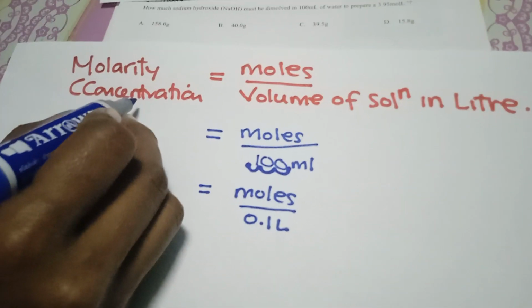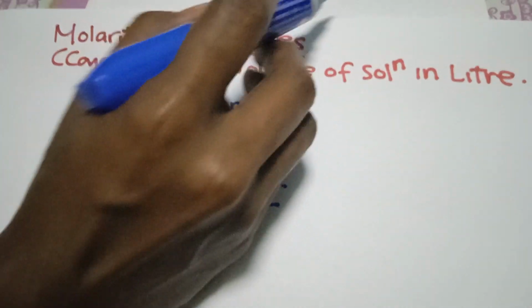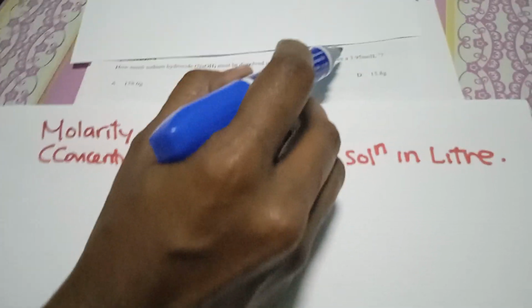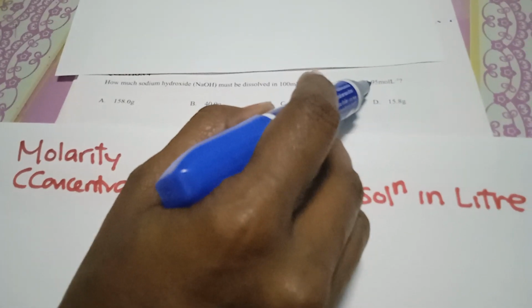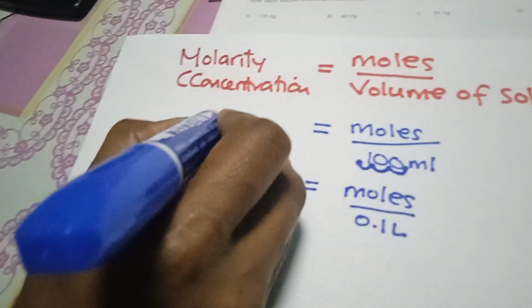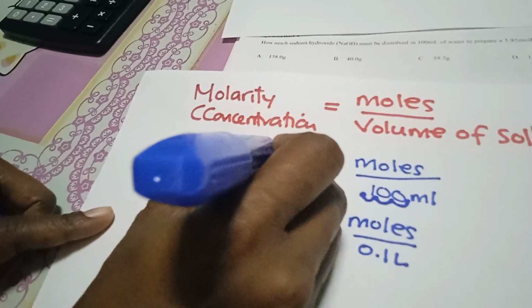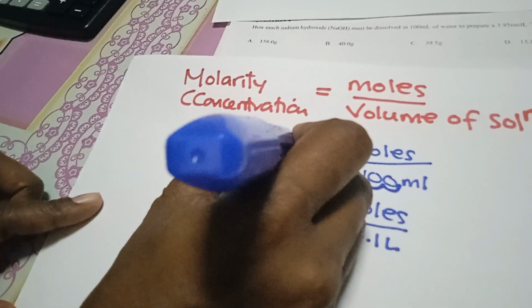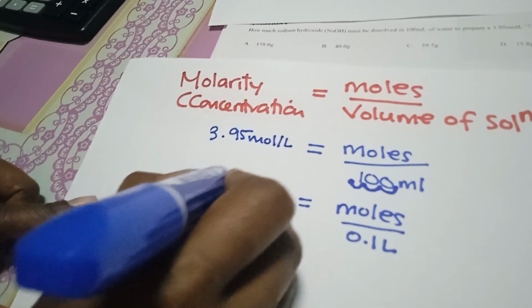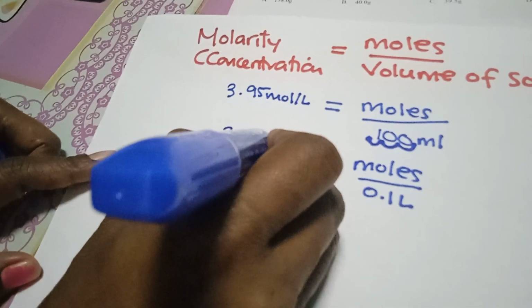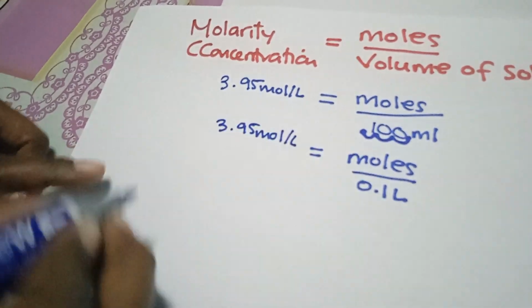Okay, for the concentration, it is given already above here as 3.95 mole per liter. So here we will write 3.95 mole per liter.